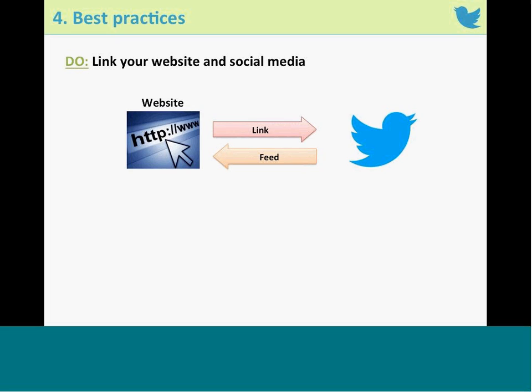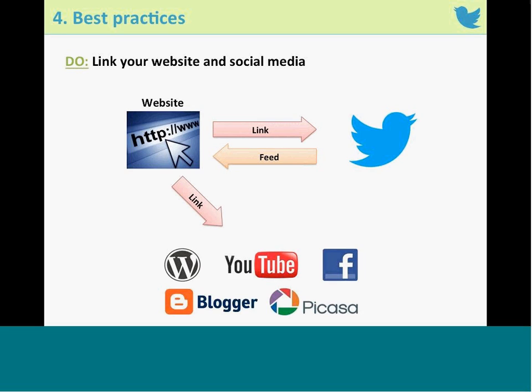If you use other social media, of course, it's also important to link from your website to those social media. And for some of these, it's also possible to create a feed back to your website. For example, you can put YouTube videos on your website. You can put the headlines of your latest blog posts, etc. But it's also great that you can link from Twitter to your social media. So, for example, if you put up a new blog post, you should tweet that. And some blog sites like WordPress actually let you do this automatically.